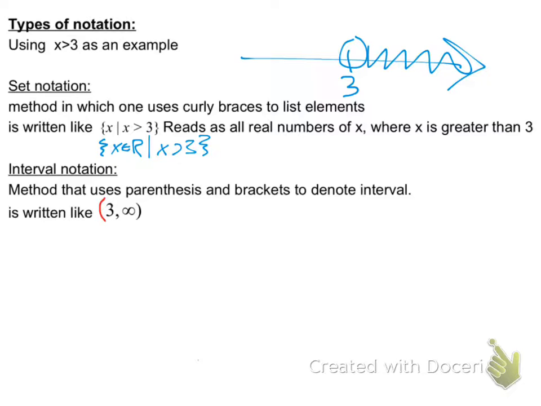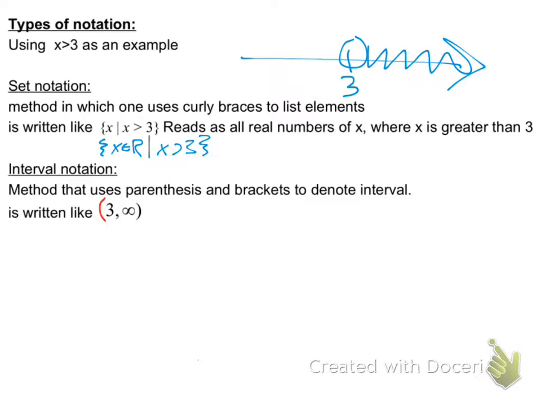Because we're talking about x being some form of a real number, but it has a limitation, the fact that it has to be greater than 3. That's set notation. And we're going to work on those. It's going to change between different problems and different cases. If it's just all real numbers, you would state x is in all real numbers and you're good to go.